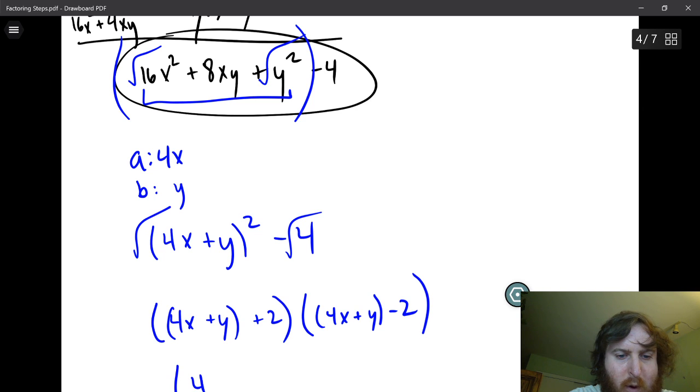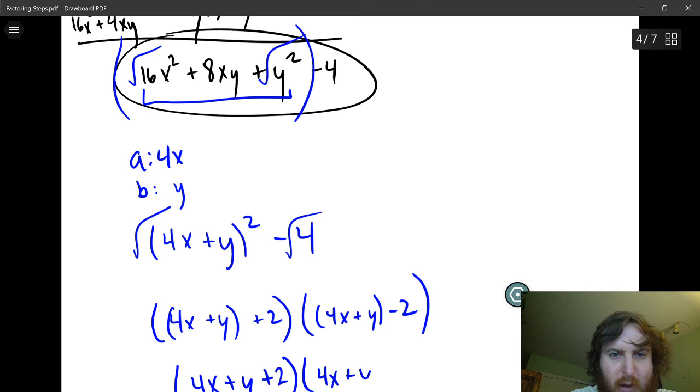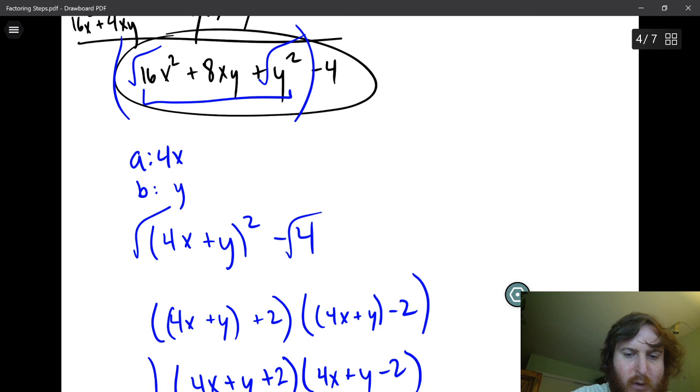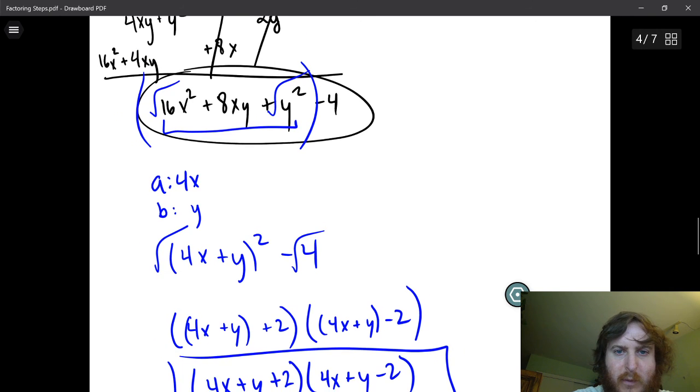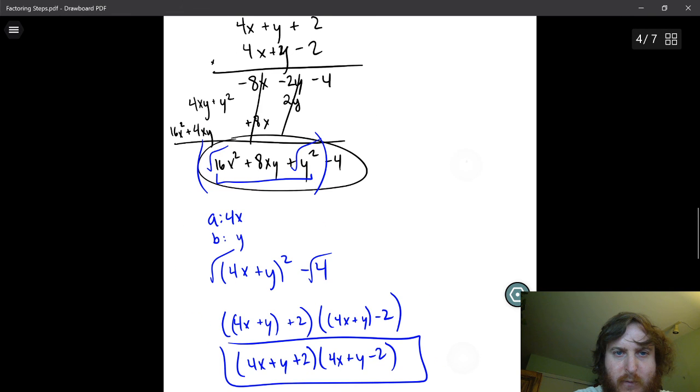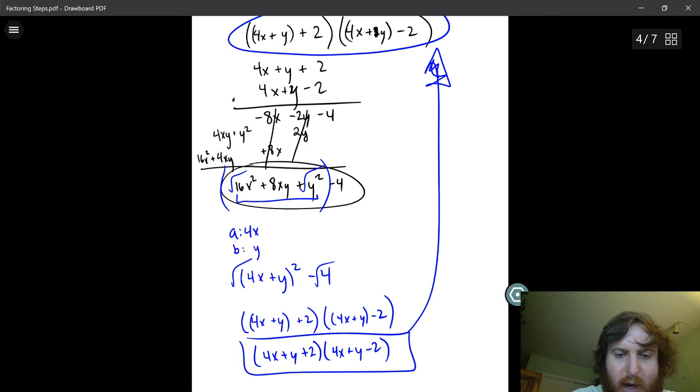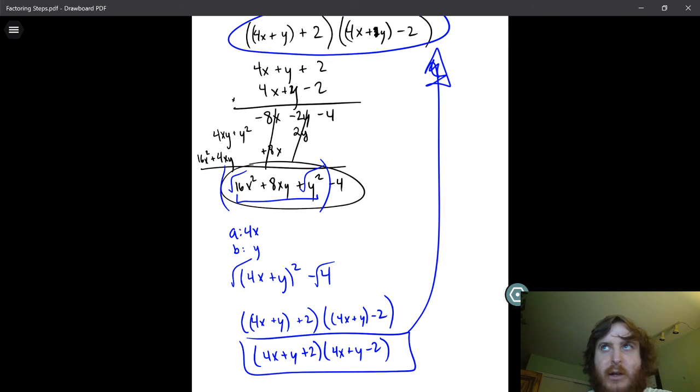And so that becomes 4x plus y plus 2, and 4x plus y minus 2. I'm looking back up here, right? That's what we had. So I know that it's a little bit weird, but like I said, if you're going to try this bonus worksheet, then you're going to have to deal with that.